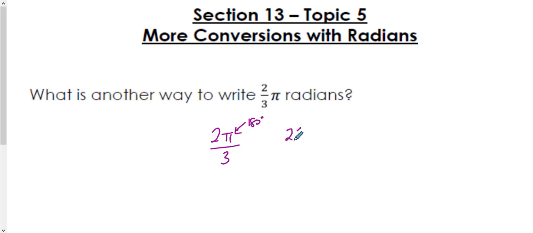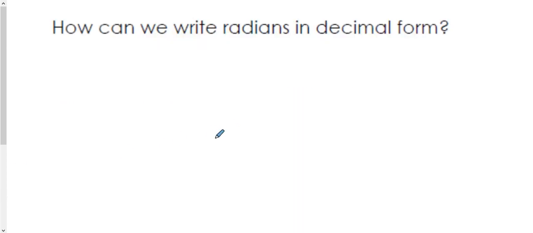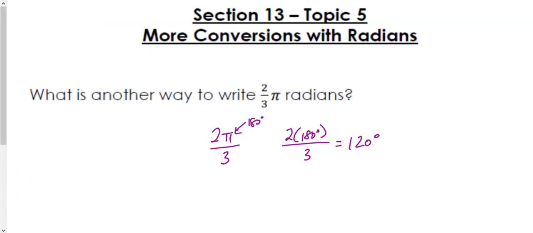So this would be 2 times 180 degrees over 3. And of course, 2 times 180 is 360, and 360 divided by 3, I hope you guys know, is 120 degrees. So there's one other way that we can rewrite this. Now, what we're going to learn in a second is how to write this radians in decimals, okay? And I'll bring you that one right back, all right?